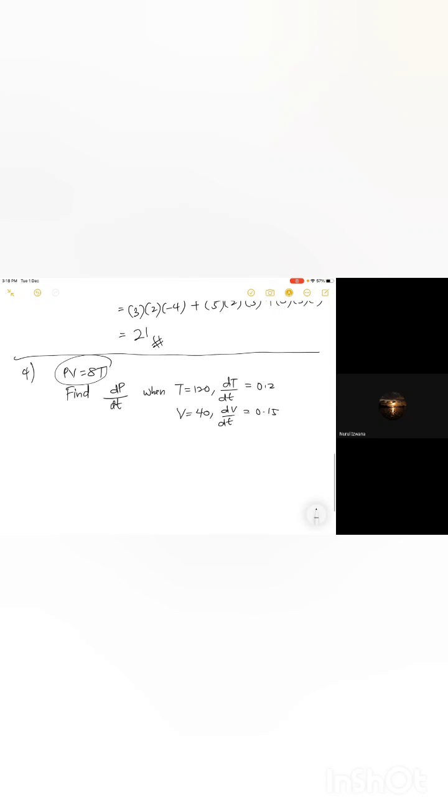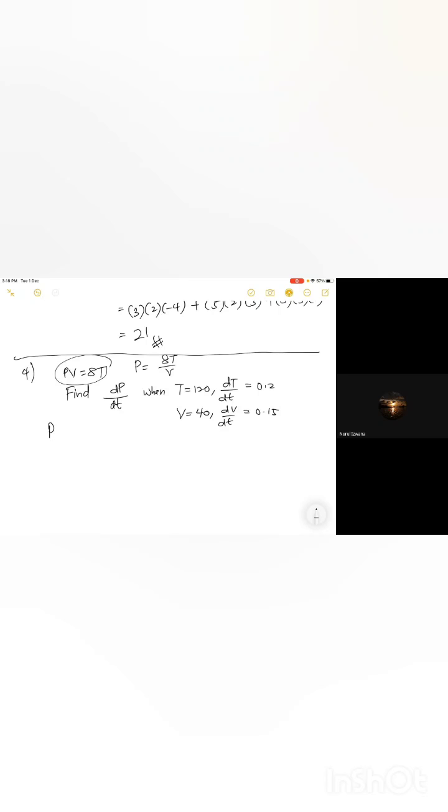So given PV equals to 80, use chain rule to find the rate at which, okay, so the question asks you to find rate at which the pressure, so dP over dt lah, the pressure, when T equals to 120, and then increasing at the rate of 0.2, and then volume equals to 40 and increasing juga dV dt equals to 0.15. Okay, so kita nak jadikan P sebagai subjek, so P will be 80 over V.